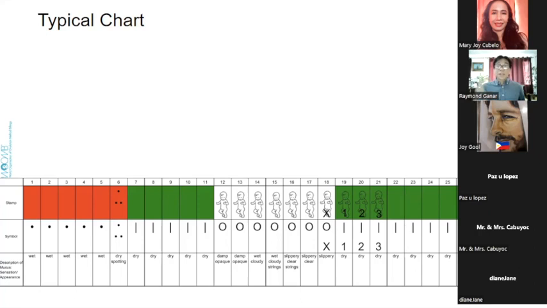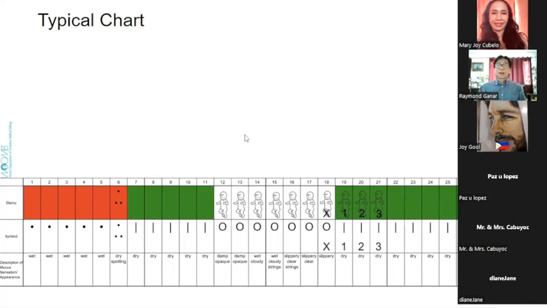But the cervix is open on day 12 until day 18, including 19, 20, and 21. On day 22, the cervix is already completely closed, the 4th day past the peak or the 4th day of the luteal phase.